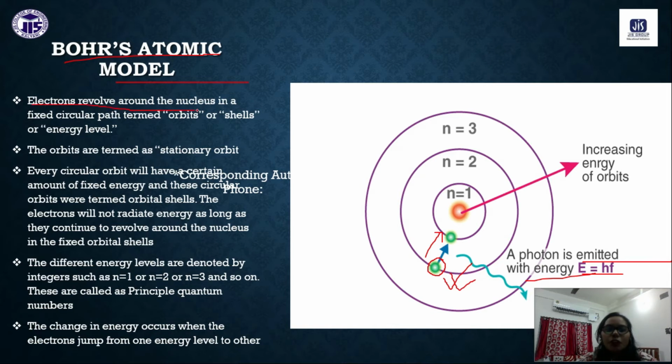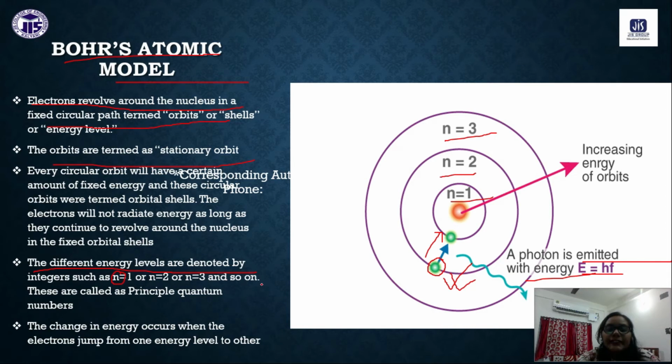Electrons revolve around the nucleus in a fixed circular path, which is termed an orbit. All orbits are termed stationary orbits. The different energy levels, the different stationary orbits, Bohr denoted by a quantum number called the principal quantum number, n. n equals 1, n equals 2, n equals 3, and the n value increases in this way.